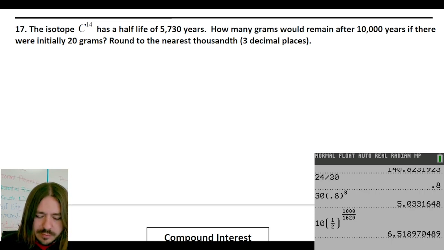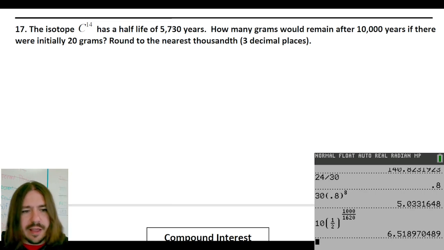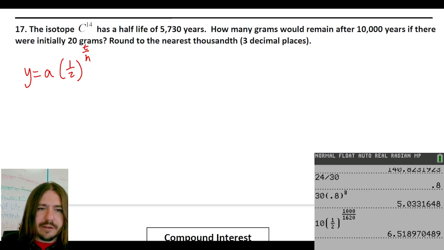So very similar problem here. It's the same kind of setup, and I'll just rewrite that equation. It's going to be the initial amount times 1/2 to the power of t over h, where t is the number of years that have elapsed, and h is the length of the half-life.